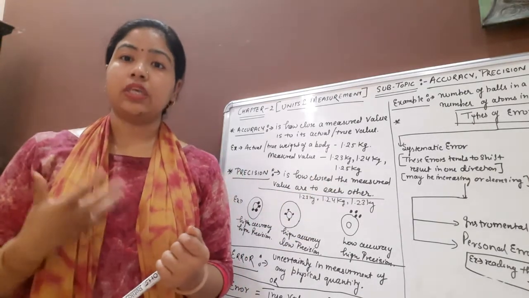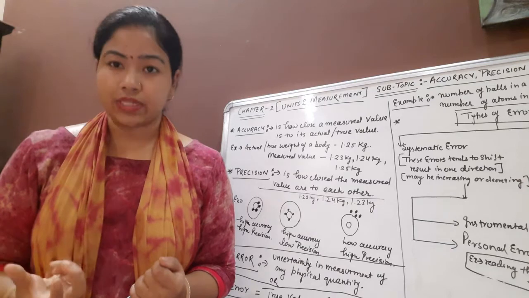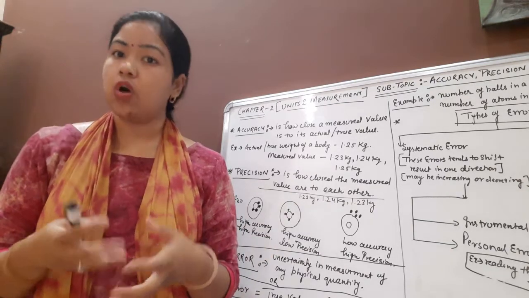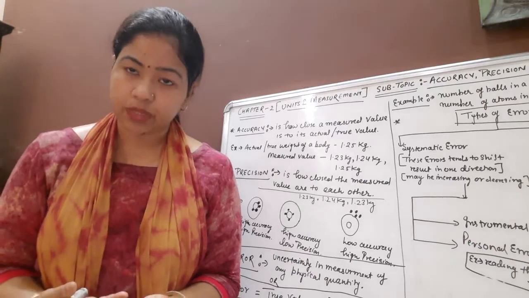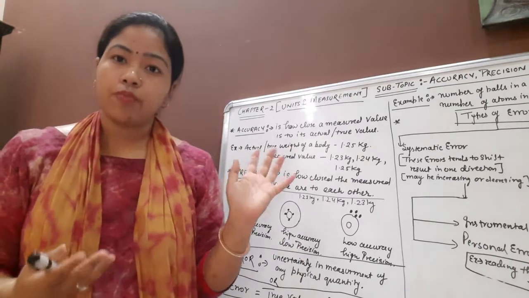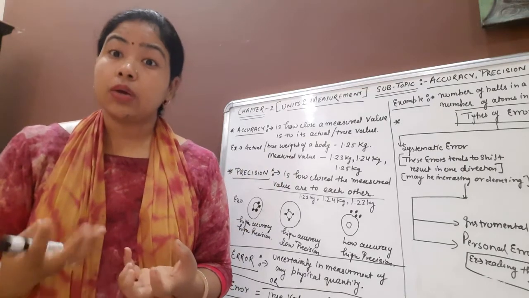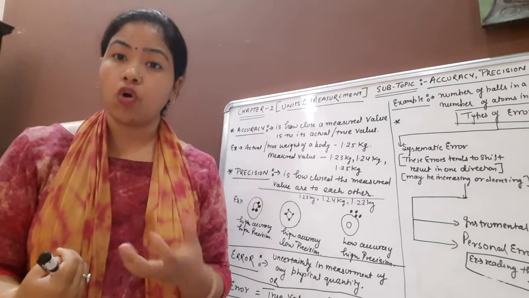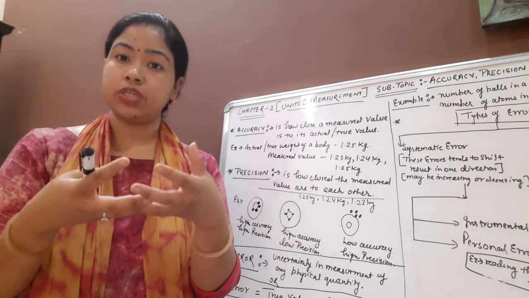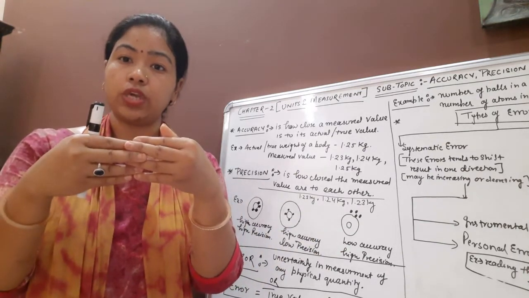That means our measurement is very precise, because all the measured values are very close to each other. So this is how precision tells us about the measured values of a physical quantity.